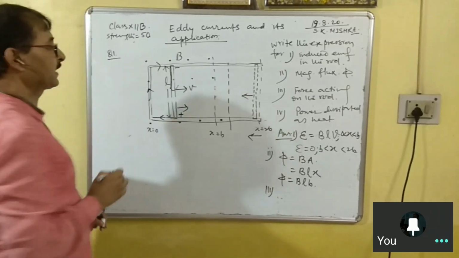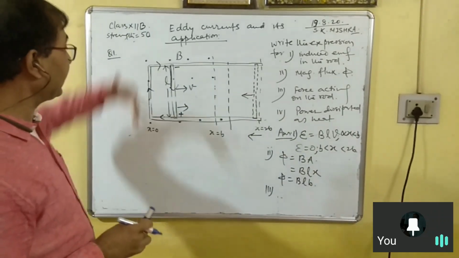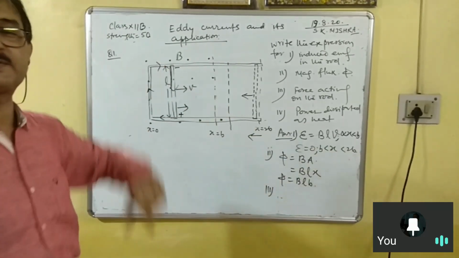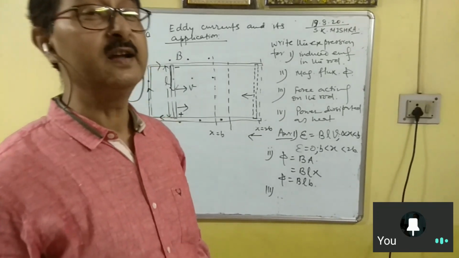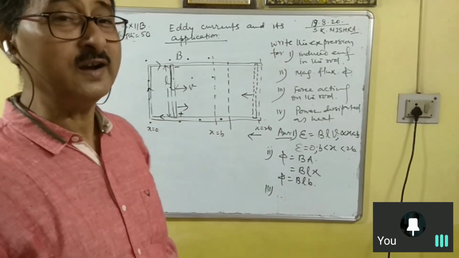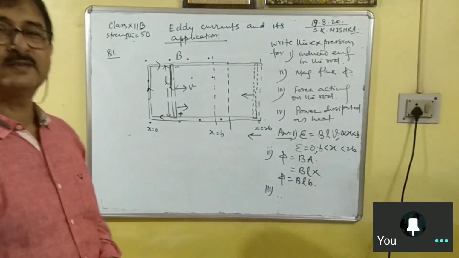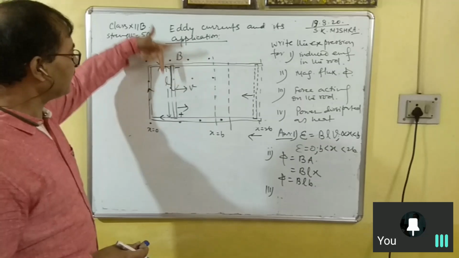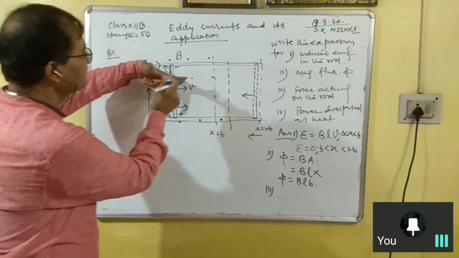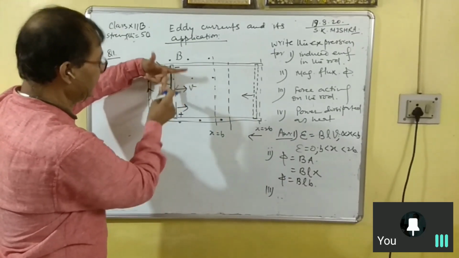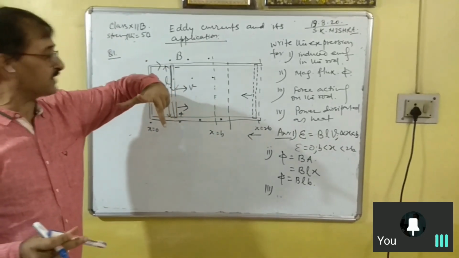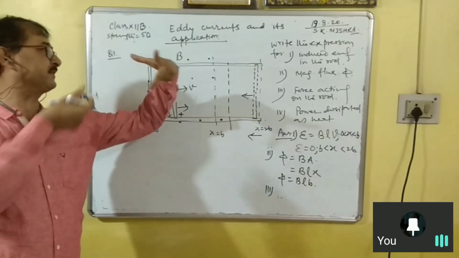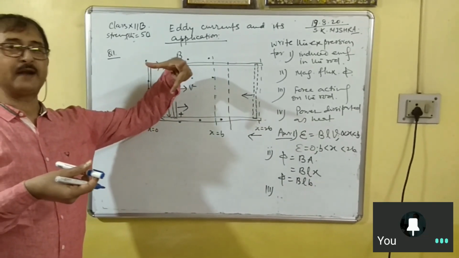Because the current-carrying conductor is placed in a magnetic field, it will experience a force, and that force is BIL. How will you give the direction of force? Current is along this direction, B is along this direction, so the force on the conductor is towards the left.